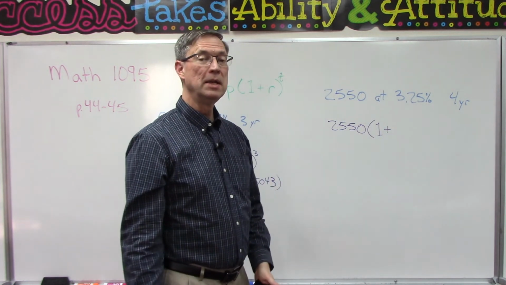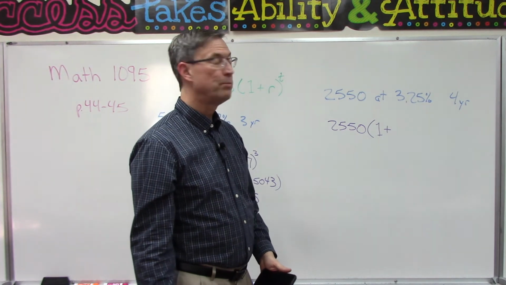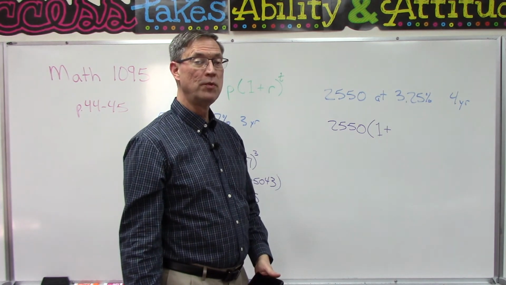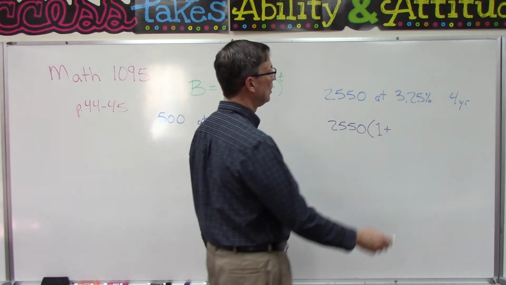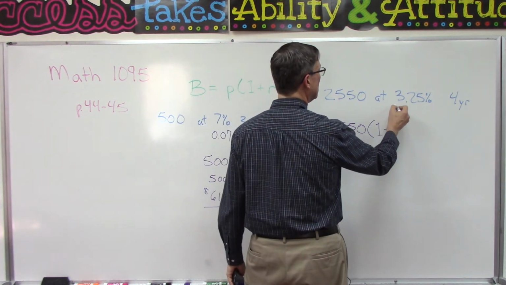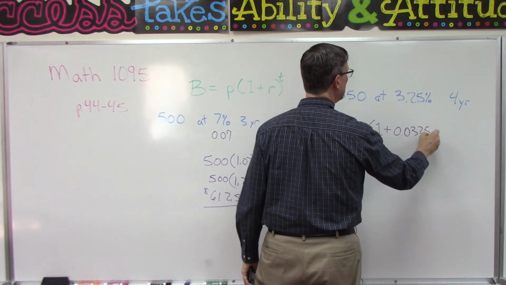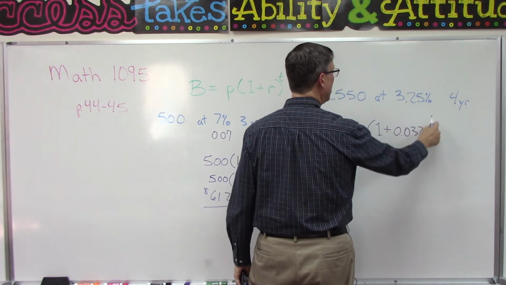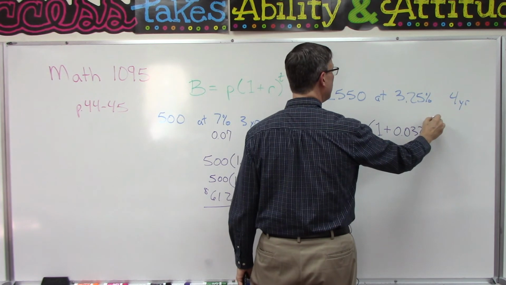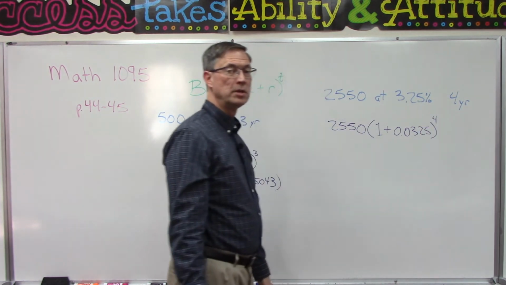Remember, we can turn any percent into a decimal by moving the decimal twice to the left. So cha-ching, cha-ching, so 0.0325. And now the exponent here is going to be 4 because it's 4 years.